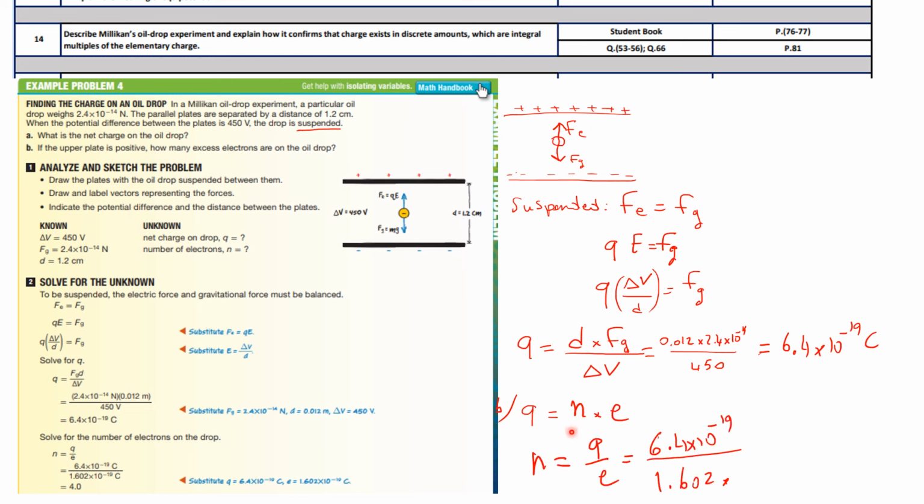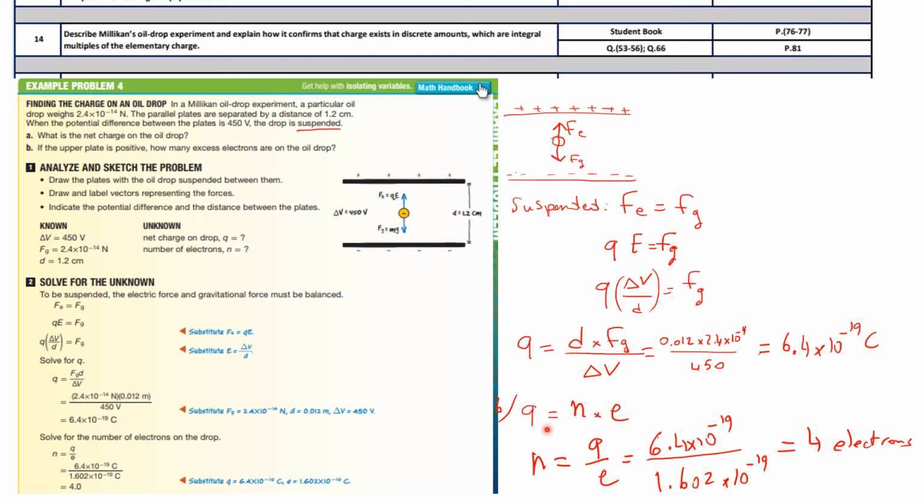Now, what about part B? If the upper plate is positive, how many excess electrons are on the oil drop? We need to calculate how many electrons this drop contains.